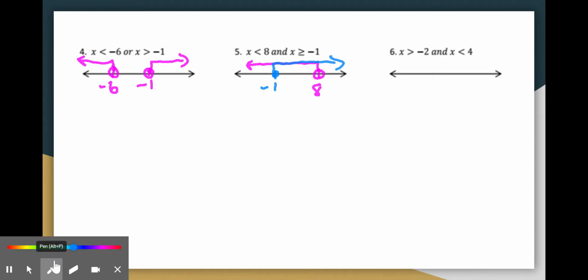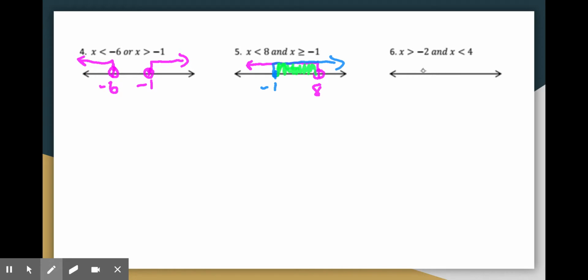And the solution, again, is where the overlap is. So here we have both purple and blue in between the negative 1 and the 8. These numbers in green here would be your solutions, like 0, 1/2, 2, 4, 6, okay? And we'll talk about solutions here momentarily.